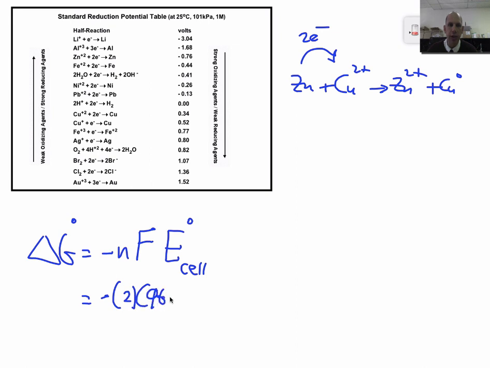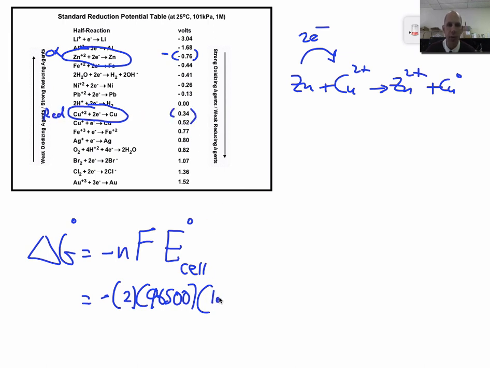We know that Faraday's constant is 96,500, and we know that E cell in this case is 1.10 volts because we took the oxidation half reaction and made it negative, and added it to the reduction half reaction, which we kept the same.